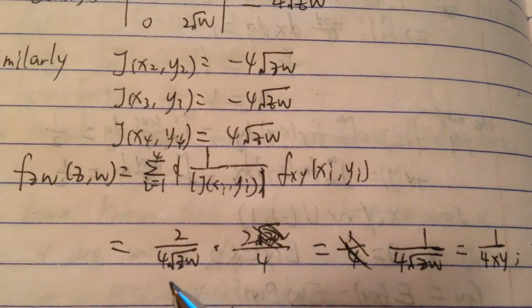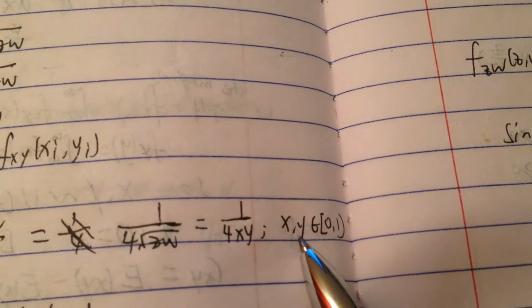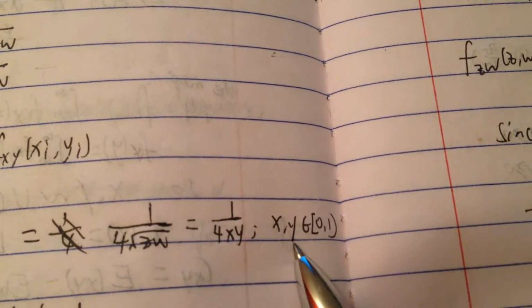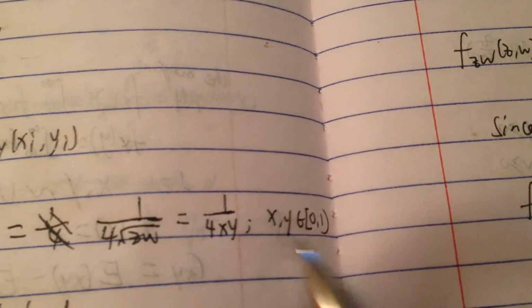After calculation, we find the answer equals 1 over 4 times square root of z times w, where z and w are both greater than or equal to 0 and less than 1.